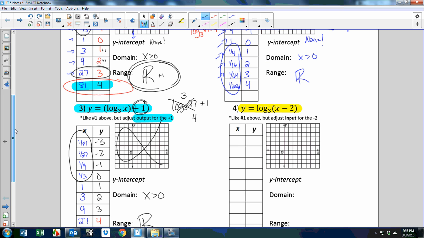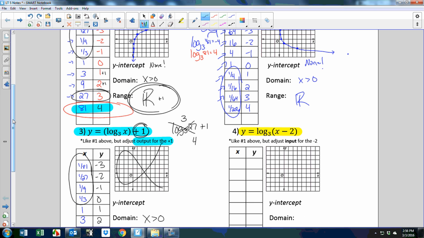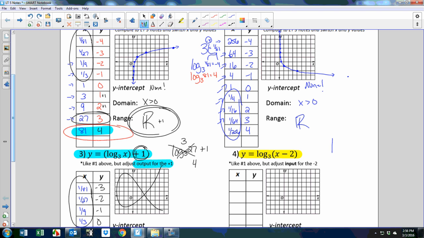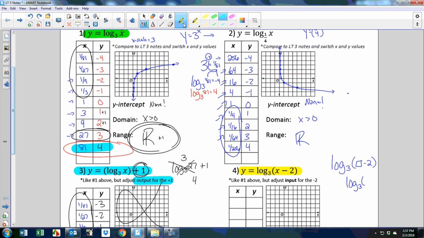All right, number 4. What happens in this one? Our domain or range is going to be affected. To illustrate what happens in number 4, let's consider log base 3 of x minus 2. Going back to our first one, how are we going to turn that into 256? Because if we can put 256 into the logarithm, we know that negative 4 comes out.